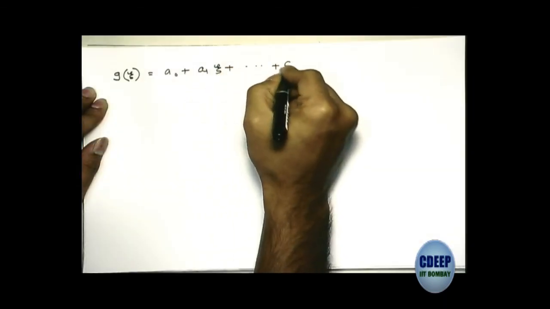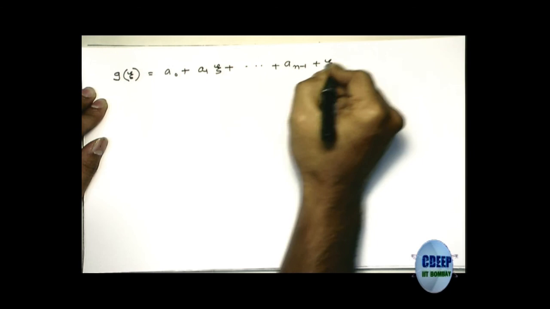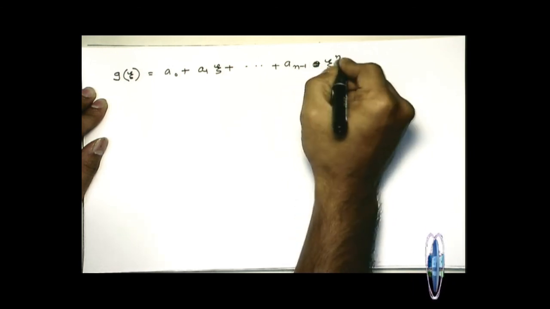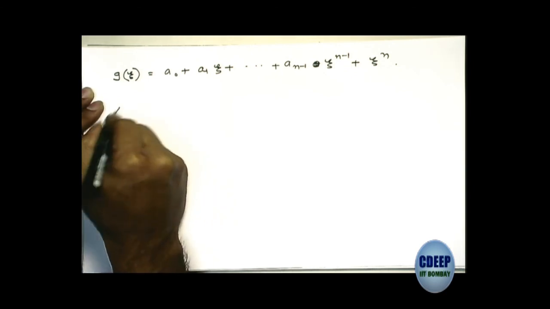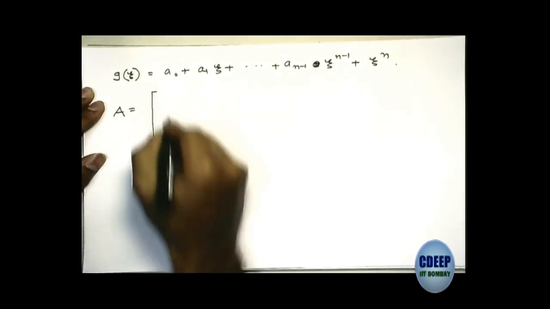So the trick is the following. If somebody gives us an nth degree polynomial which looks like a0 plus a1 xi plus dot dot dot up to a n minus 1 times xi to the n minus 1 plus xi to the n. If we have a polynomial like this, we write down this matrix A, which is the companion matrix.